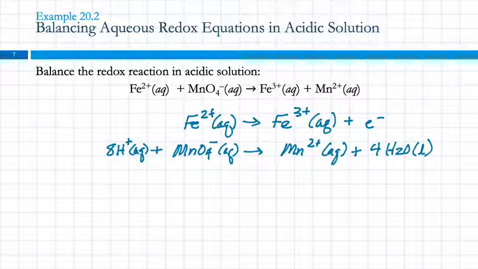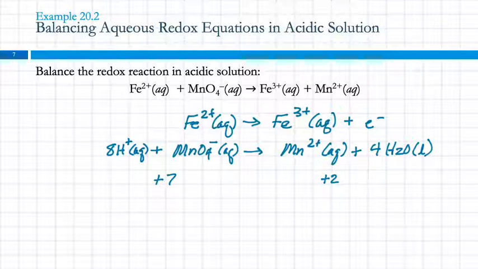Then the bottom one is a little messier. So over here on the product side, I have a total of a +2 charge. And over here on the reactant side, I have +8 and a -1. So I've got +2 and I've got +7, right? I need them to be the same, and all I can do is add negatives.